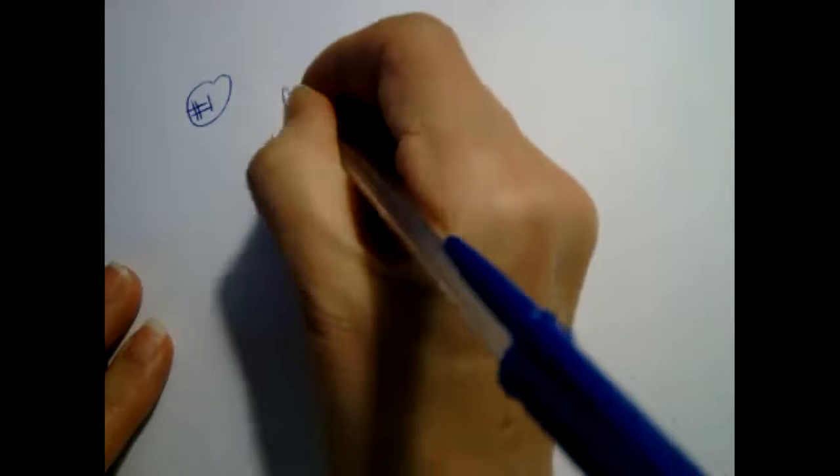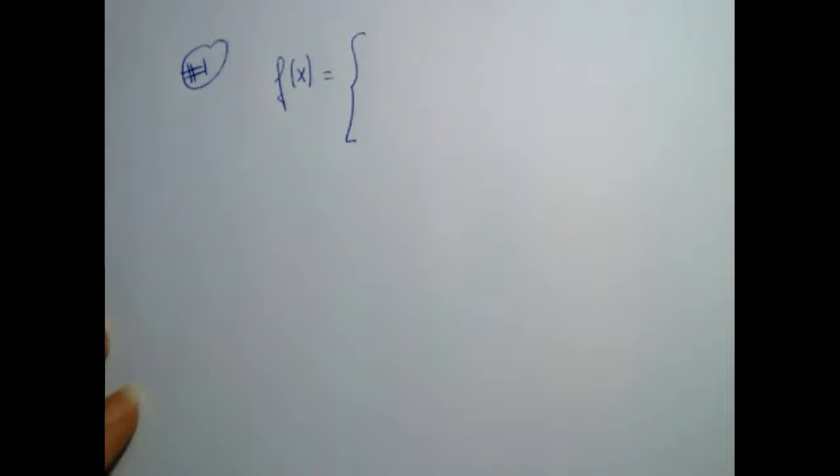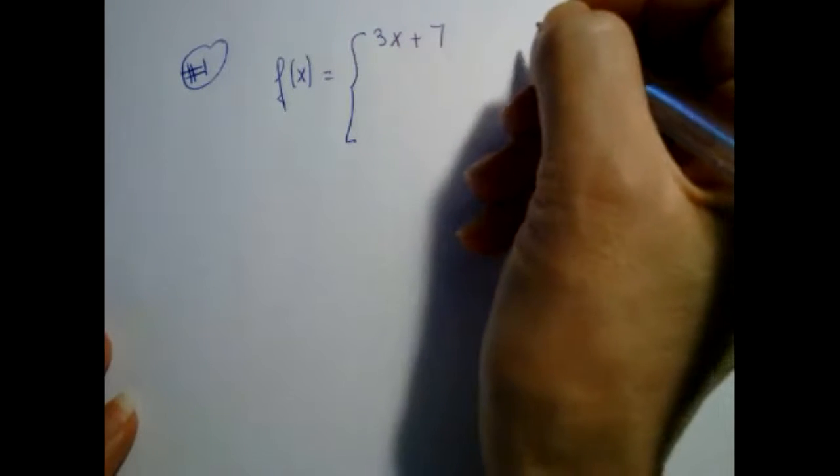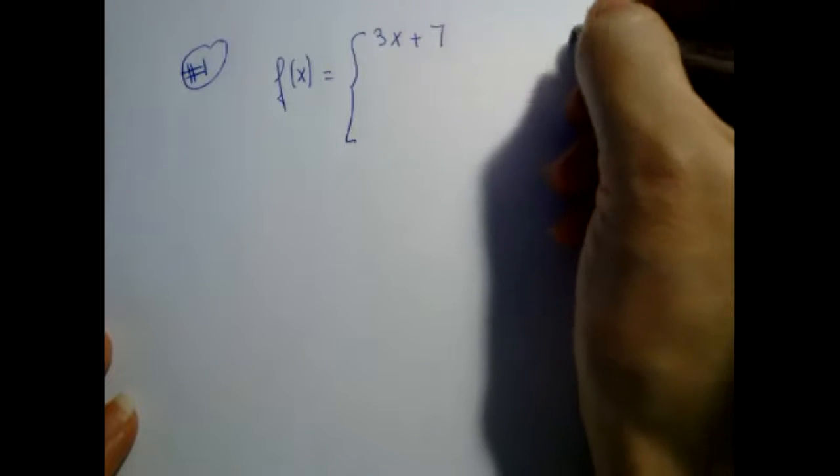So I'll look at number one quickly and then we proceed. We have the following function: 3x plus 7 between -4 and -2.